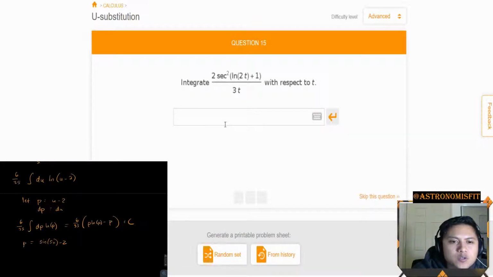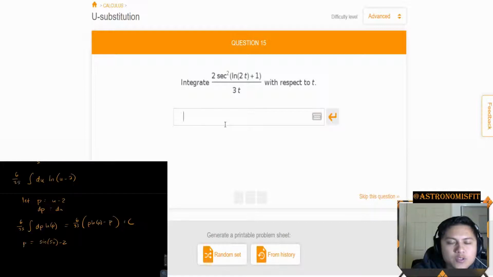So integrate 2 secant squared of log 2t plus 1 over 3t. So we have a log 2t plus 1. So log of 2t plus 1 should be our u, right? If u is equal to log 2t plus 1, du dt is equal to 2 times 1 over 2t, so it should just be 1 over t dt.